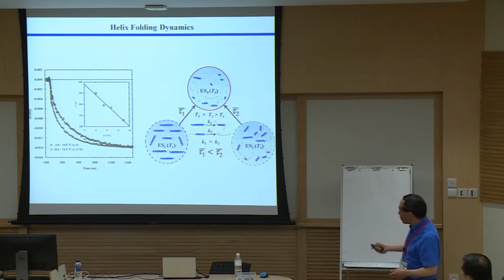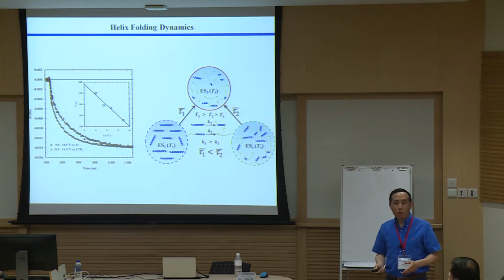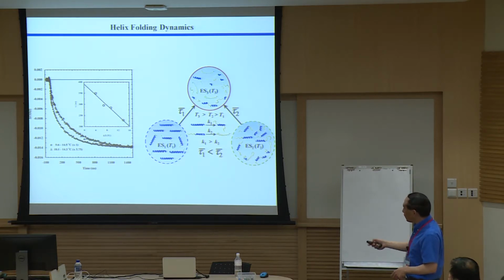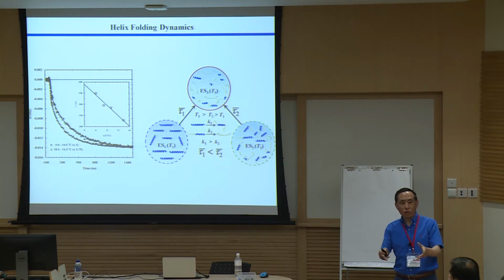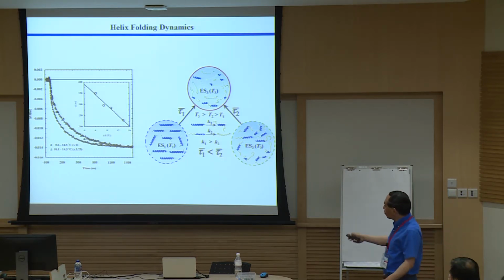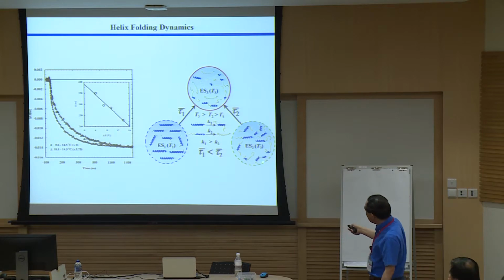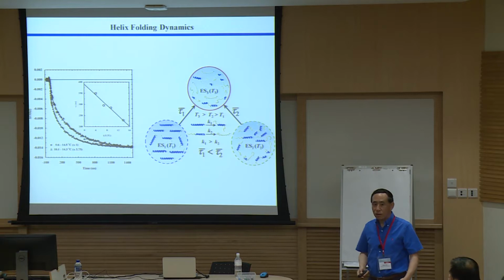So here is the cartoon illustrating the method. Since you are dealing with ensembles, and this is an alpha helical structure, at any given temperature you would not necessarily have just unfolded and folded, you have everything in between. So by changing the initial temperature, you would actually position yourself starting from a different ensemble, right?